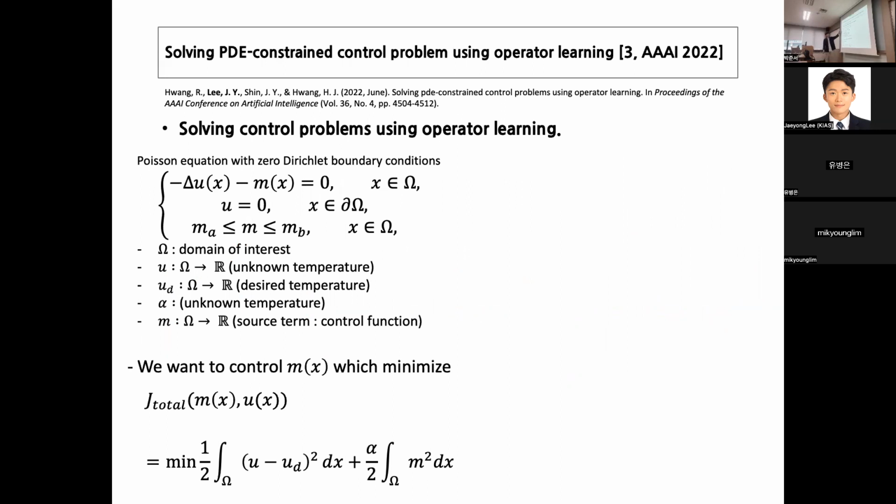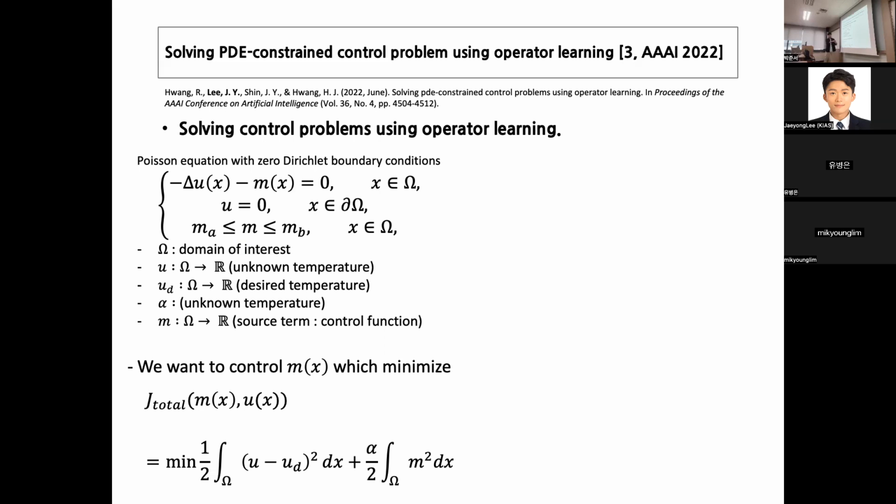In this case, we assume this equation, the Poisson equation with Dirichlet boundary conditions, and the PDE constrained control problem is to find this source term m, which minimizes this function J. u is the unknown temperature, and u_d is the desired temperature. So they want to make this unknown temperature similar to u_d, with some regularization term for the source term.